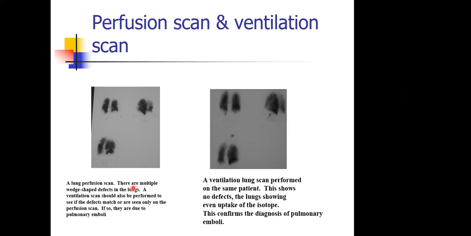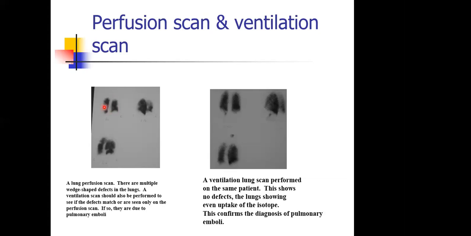In this case, we are getting these cold areas in the perfusion images because of emboli which are present in the pulmonary vascular networks. It means when we gave our intravenous radioisotope, it was able to reach only areas where the pulmonary vascular network is patent.